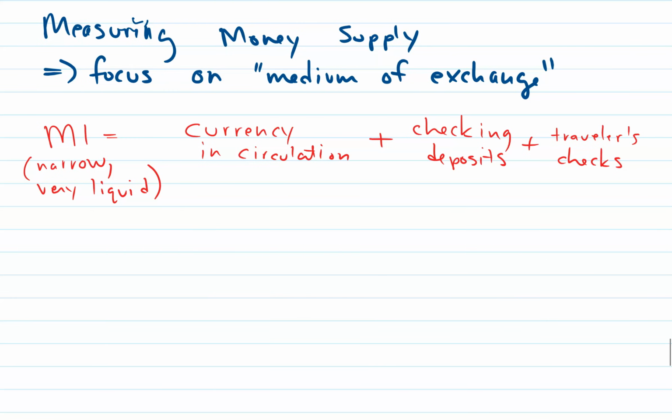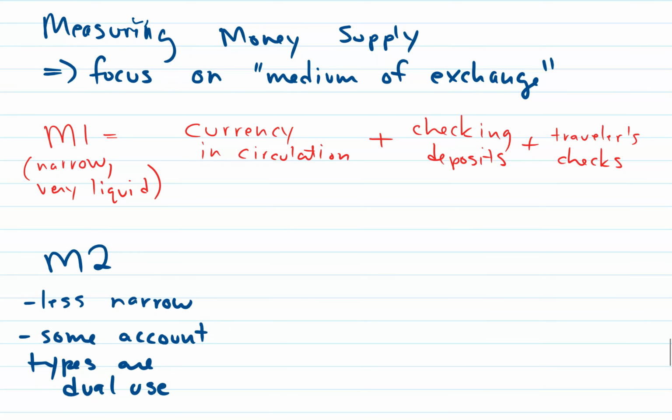Okay, so there's a second definition called M2. M2 is going to be less narrow, and some account types are dual use. Going back to the first one, M1 is very narrow, only used for purchasing.